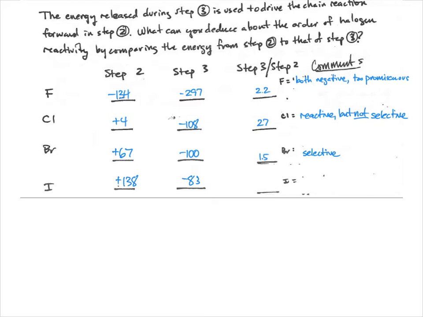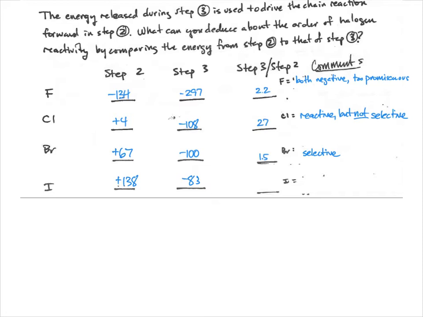It's very picky because there's only so much heat produced in that propagation step that it wants to go for the hydrogen that it can abstract. It doesn't have enough energy to abstract the stronger CH bonds.